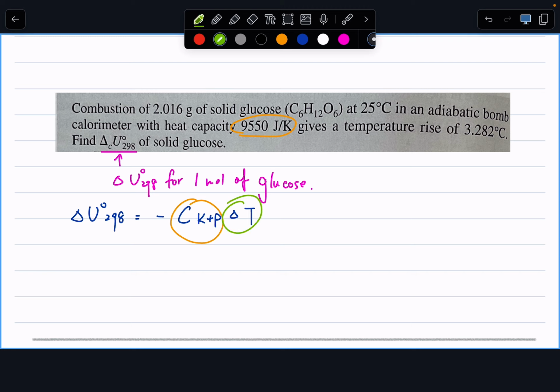My delta T is given to be 3.282. So plug in the numbers, you'll get the delta U for the combustion of 2.016 gram of solid glucose, and translate that into 1 mole of glucose, you get your final answer. So this part is very much just plugging numbers.